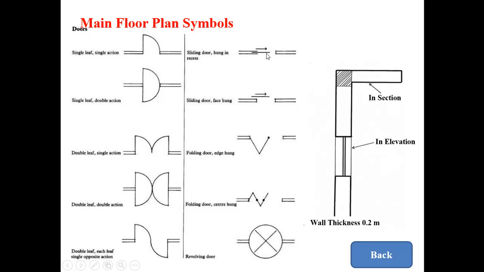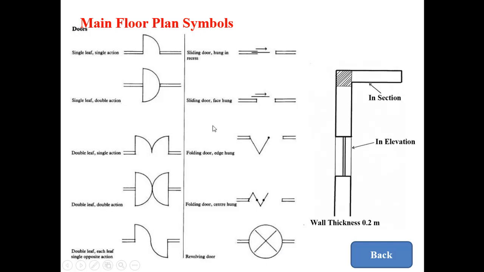Same, we have a sliding door inside the wall, or a sliding door outside. Okay, and we have folded. This is a folding door containing a lot of leaves, as we see. And this is a revolving door.